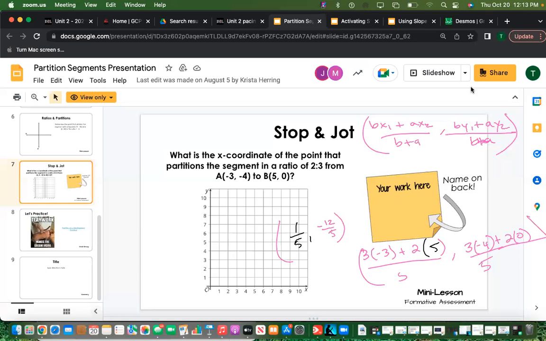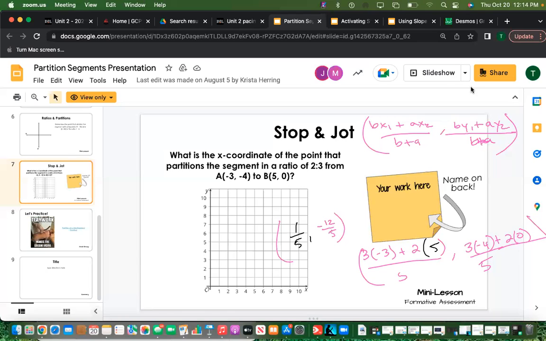Really quick, if I were to say halfway between the 2 points, what formula could you use instead? We could use the same thing, but if I said halfway between, what formula did we start this class off with? Not distance, the midpoint formula, right? So if I said halfway between, I could use the midpoint formula.